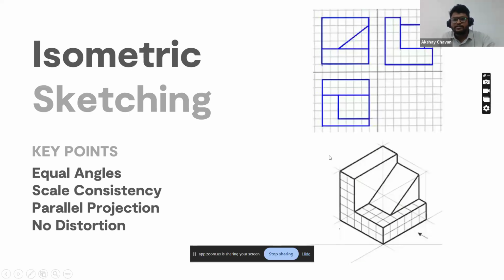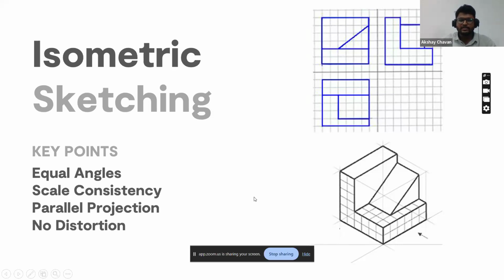The 3D sketching is mainly categorized into two types. First is isometric sketching, where iso means equal and metric means measurements, where the three axes are divided into equal 120-degree quadrants.